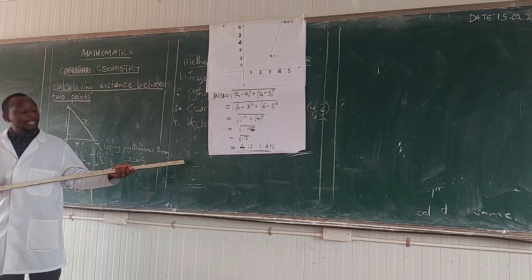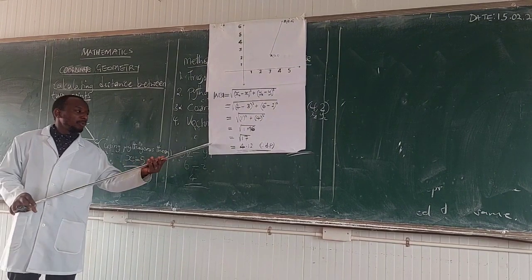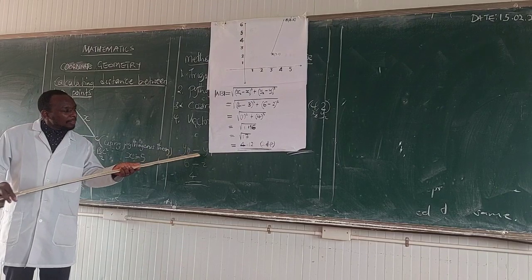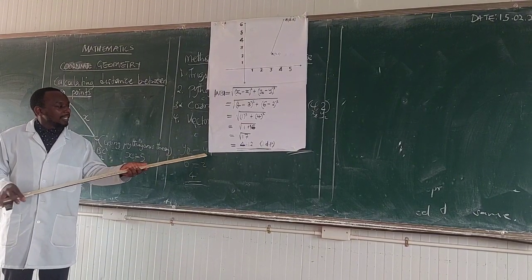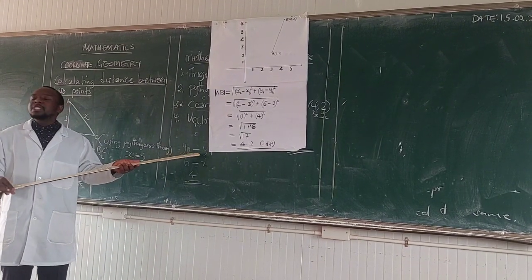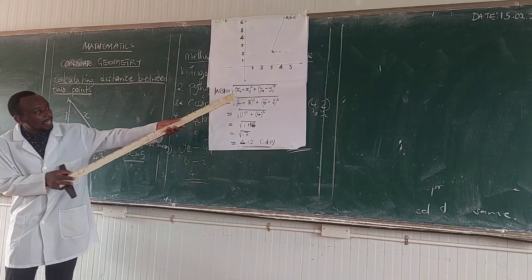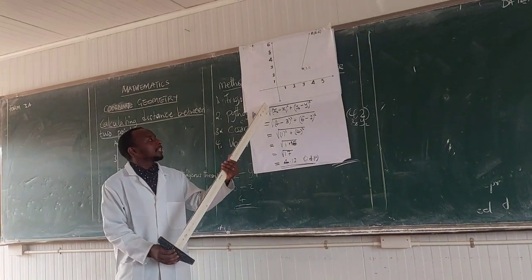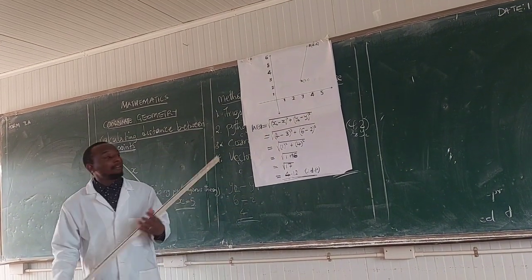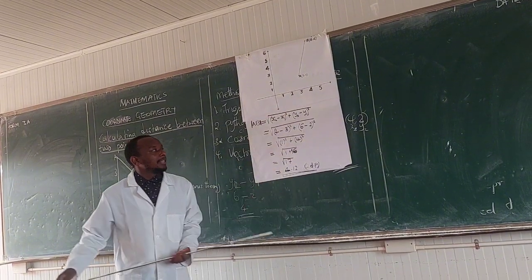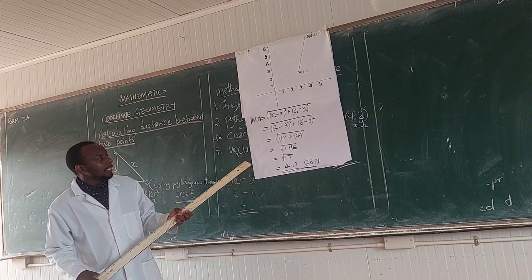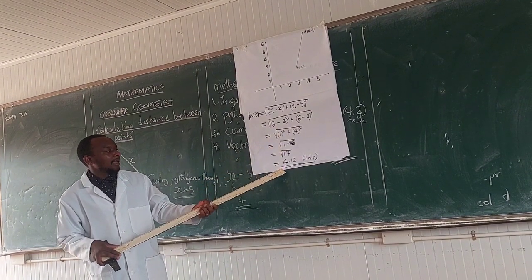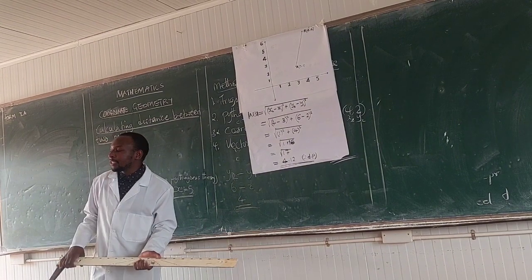Felicia, do you see it? You put in brackets and you square this one. You add, the same thing we have done here, but you change the variables and put x. And we put a root sign covering the whole of these variables. And we get the answer as 4.12.